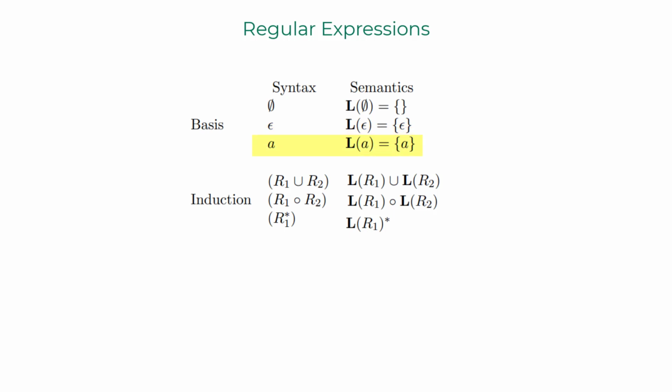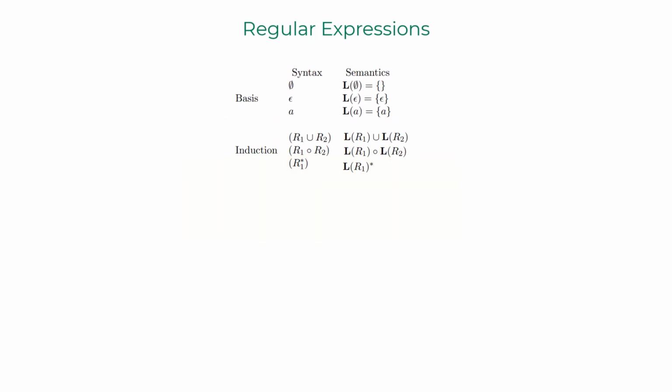A corresponds to the language containing the character A. That's the beauty of inductive definition. Just with these three bases, we'll be able to build all the regular expressions out there using the three regular operations: union, concatenation, and star.